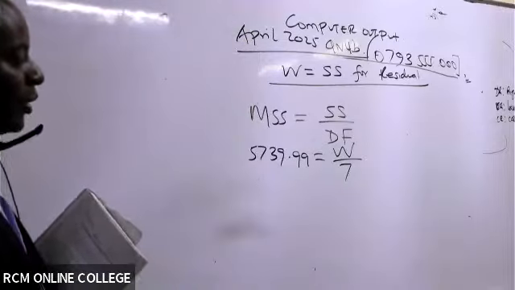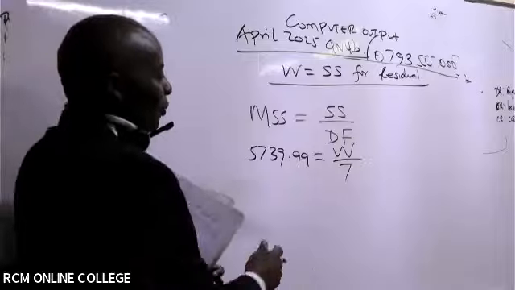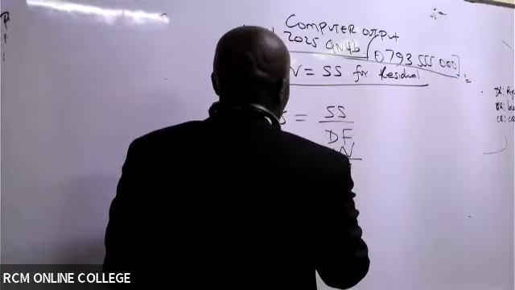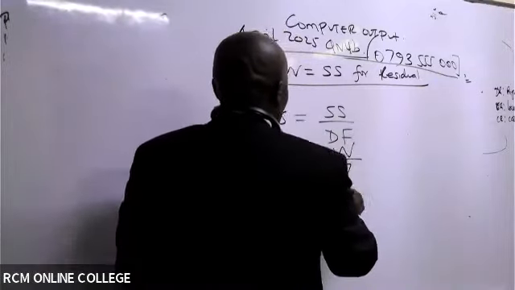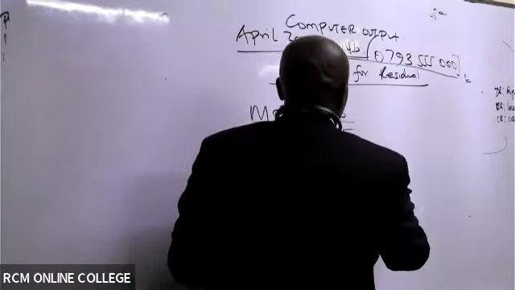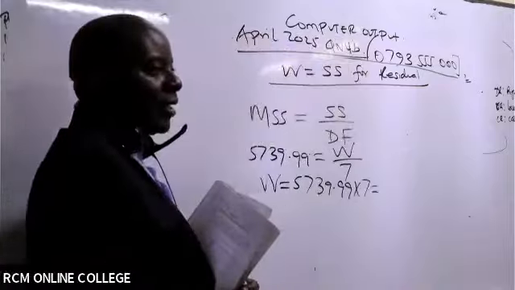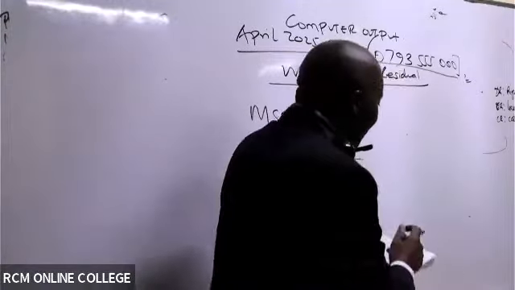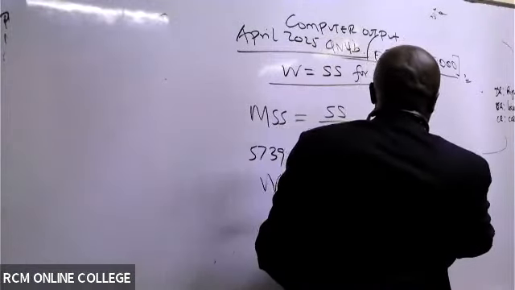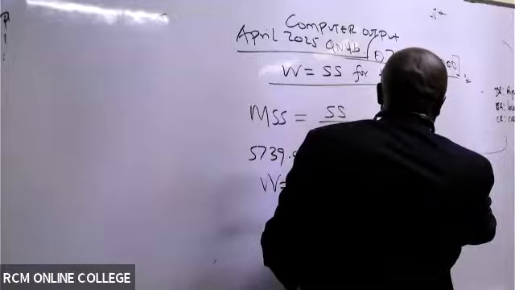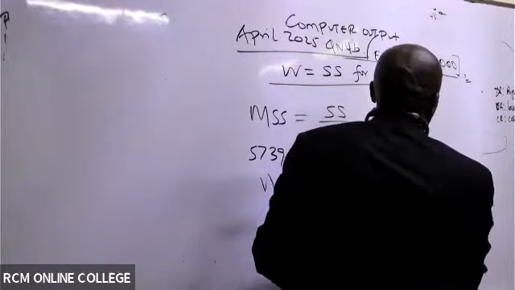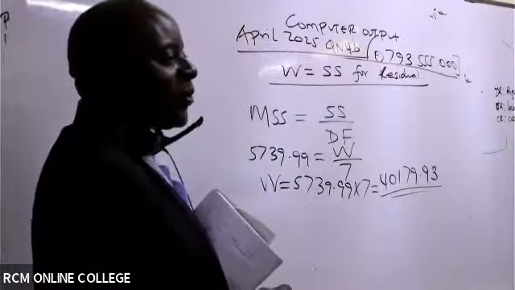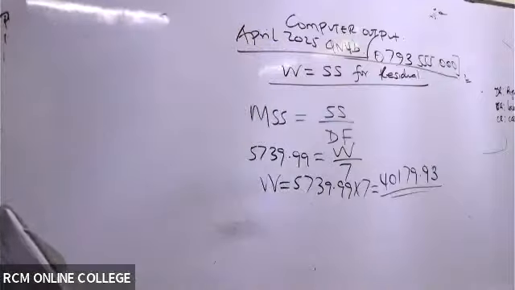If I cross multiply, my W will be 5739.99 times 7, which ends up giving us 4179.93.